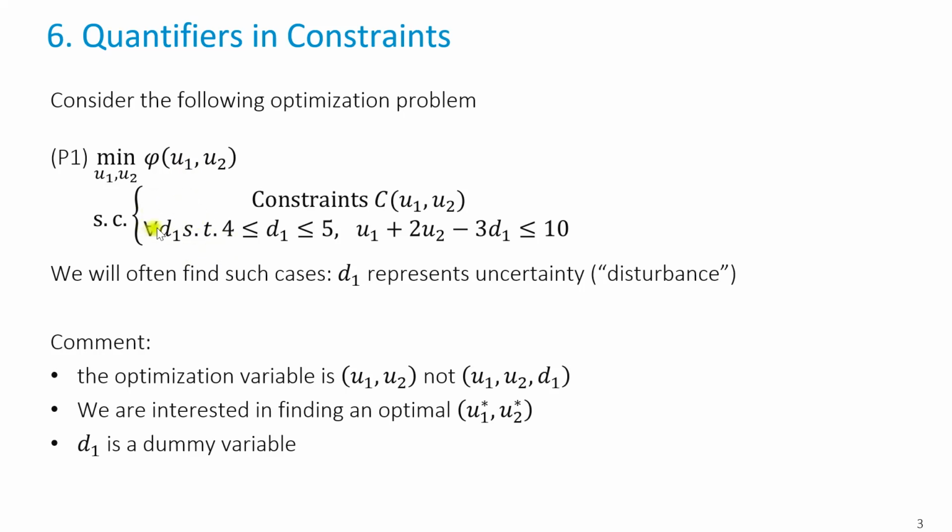It's just something that is used to express constraints. It happens that D1 is a continuous variable, so we cannot simply treat it as a supplementary index. But it's not an optimization variable in the sense that when I ask MATLAB to solve for this problem, it will return an optimal U1 and U2 and not an optimal D1.